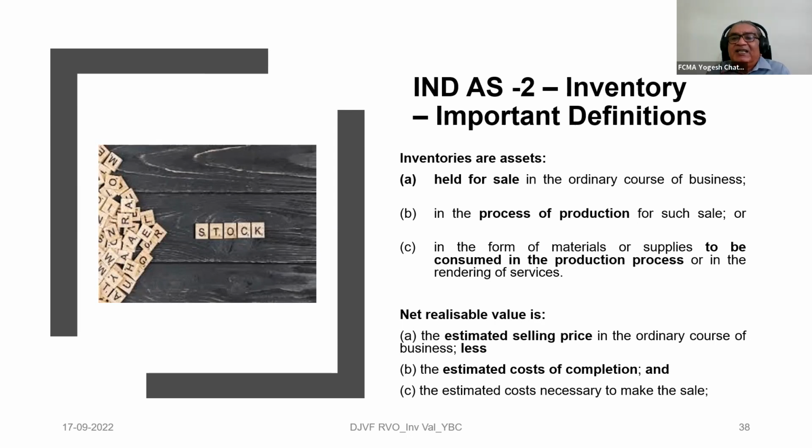It is not market specific, because the estimated selling price in the ordinary course of business for the same commodity can differ from one business entity to another business entity. And so the net realizable value of, say, 1 lakh can be different from one business entity to another, depending upon what percentage of profit margin they are taking. So that is entity specific. That we have to keep in mind.